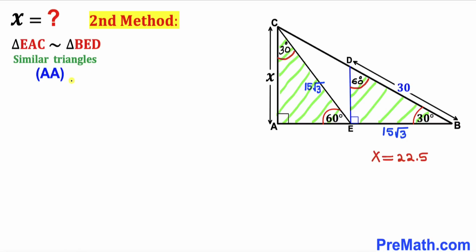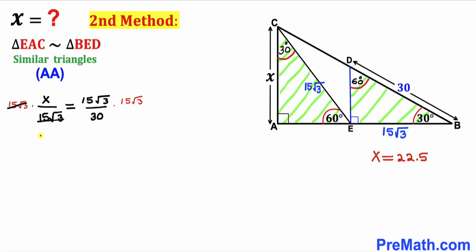So we are going to have a proportion. I can write x divided by 15 times square root of 3 equals 15 times square root of 3 divided by 30. In this next step, I have multiplied both sides by 15 times square root of 3 to isolate x, and here we can see they are gone.